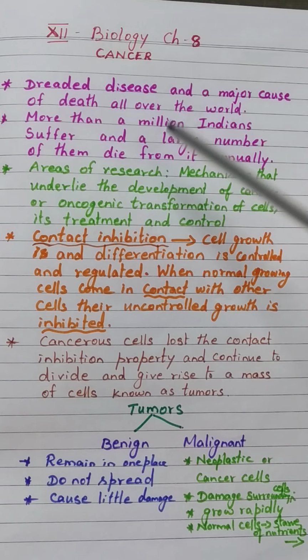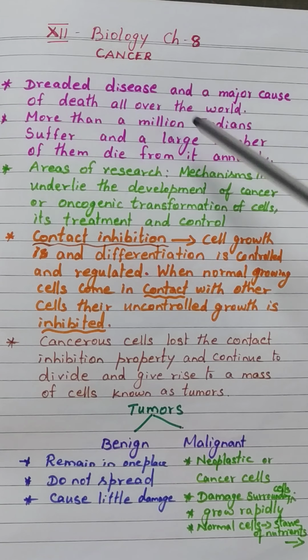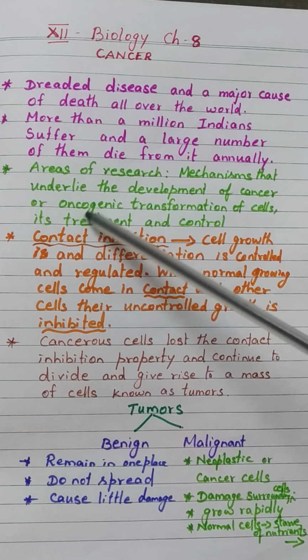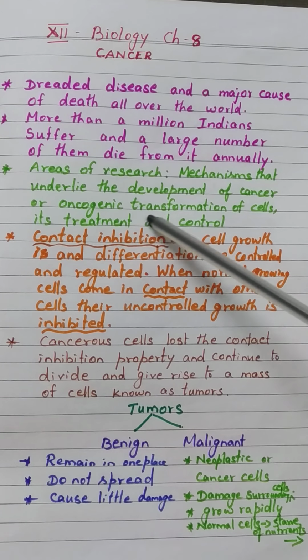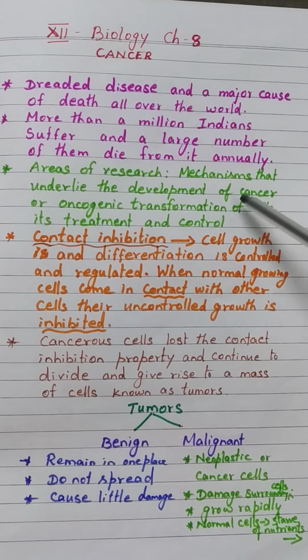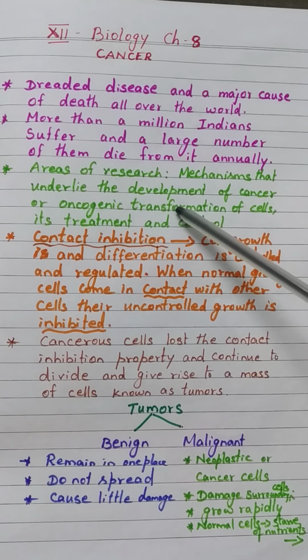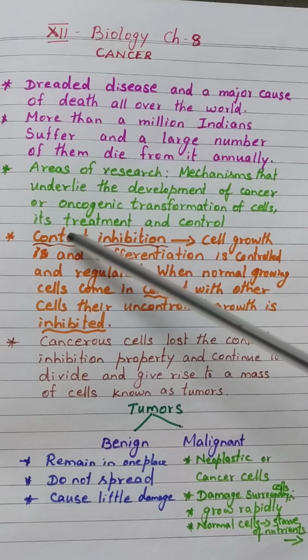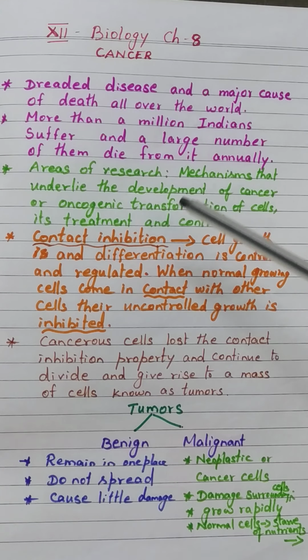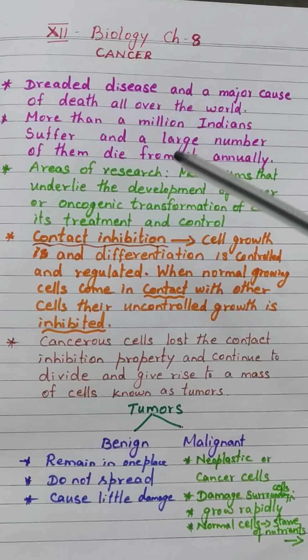The development of cancer, we can call this oncogenic transformation of cells. Oncogenic means connected with cancer, and transformation means changing our cells. In what way are our cells changed into cancer cells, and its treatment and control have been some of the most intense areas of research in biology and medicine.